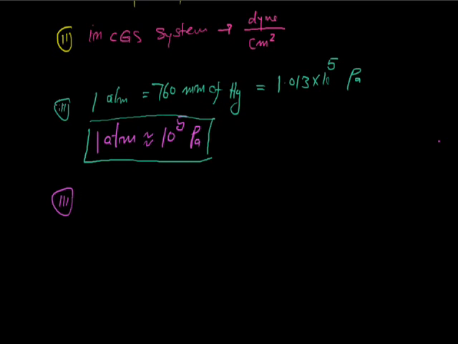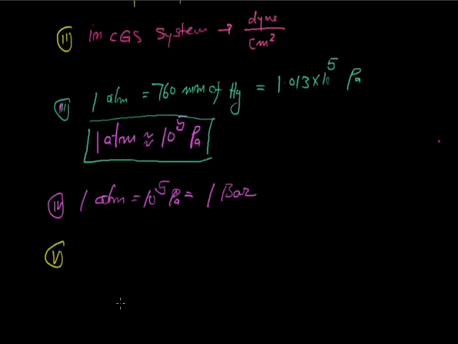It is third and it is fourth. It means 1 atmospheric pressure is equal to 10 raised to the power 5 Pascal. It is also called 1 bar. The 1 atmospheric pressure equal to the 1 bar.